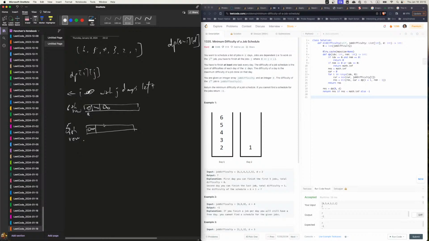If you have 1 day left, then you can say, I take this day, and then if I take this day, what I need to find is the next one with this, right? So this one will be 1.